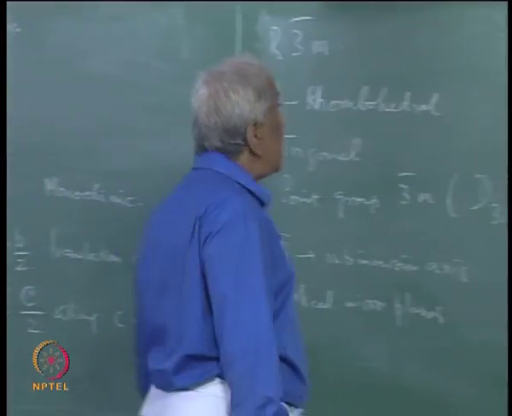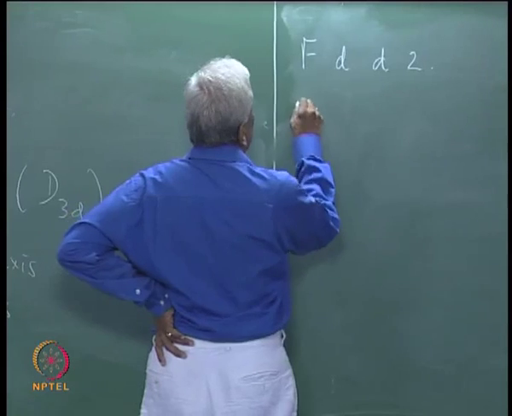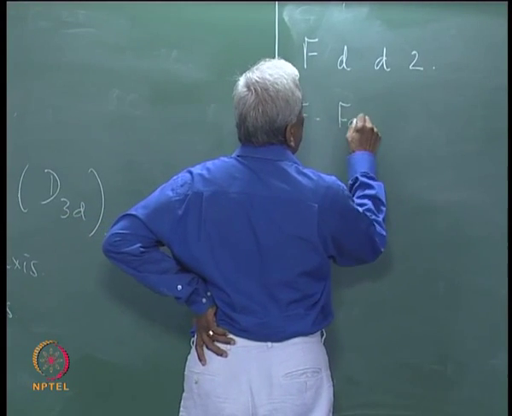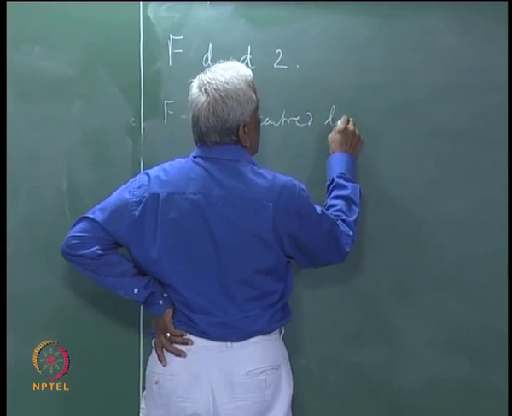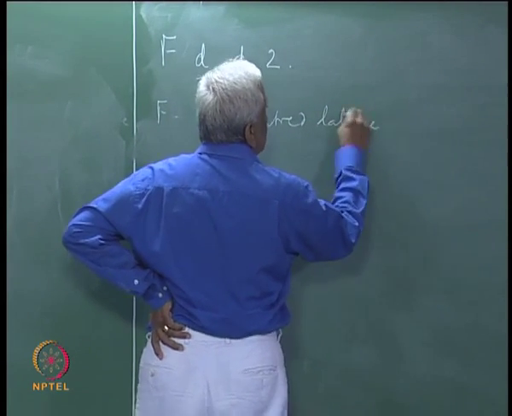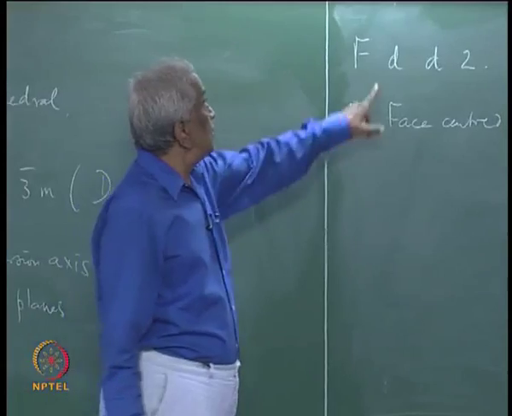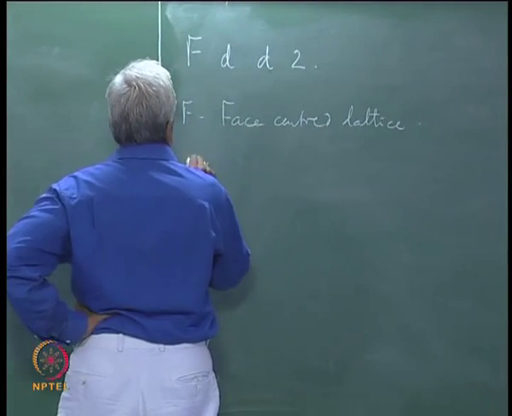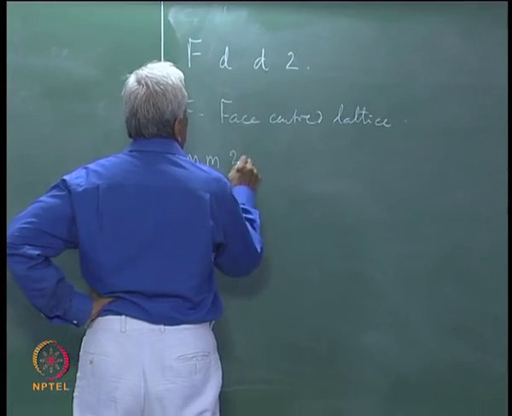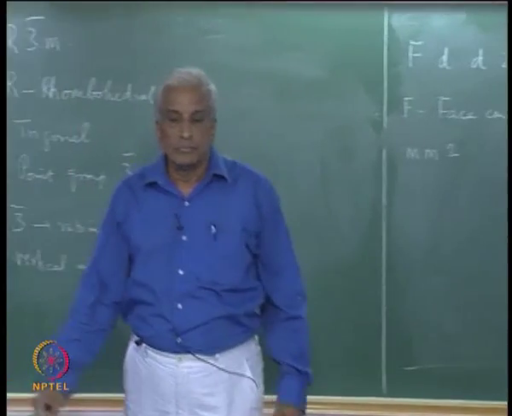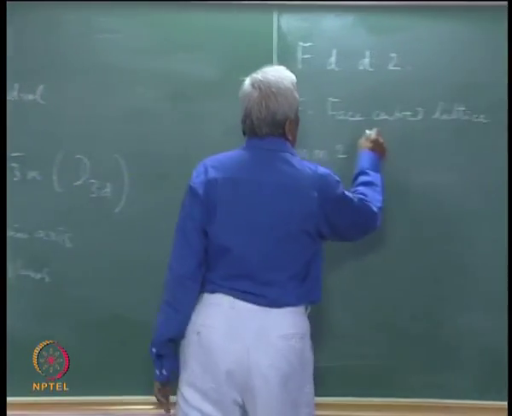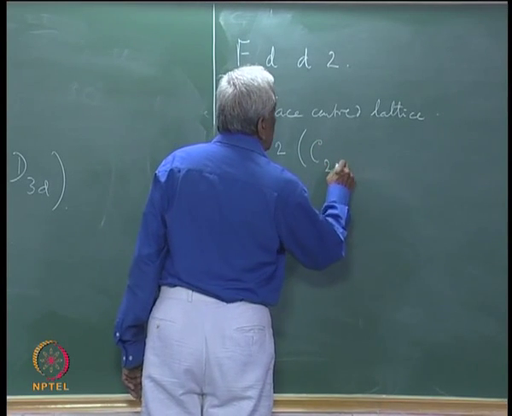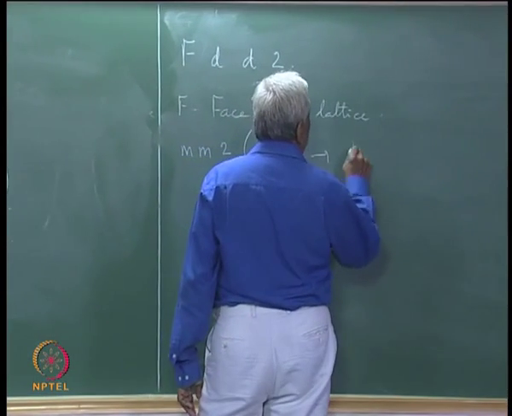So, the symbol F means it is a face centered lattice. The Bravais lattice is a face centered lattice, and since d corresponds to mirror symmetry, mm2 is the point group, which is also known as C2v. This is the point group symmetry.